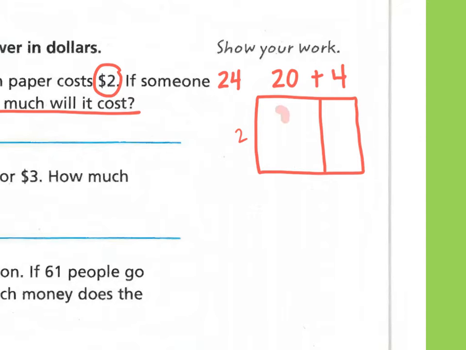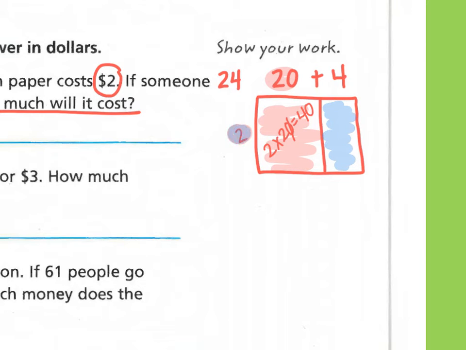Let's look at the tens place first. I'm going to multiply 2 times 20 in my tens place. I'm going to use my trick of taking away the 0 and multiplying 2 times 2, which will get me 4, and adding my 0 back in. Then I'm going to look at my ones place.